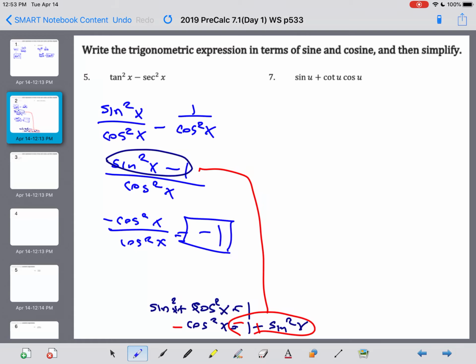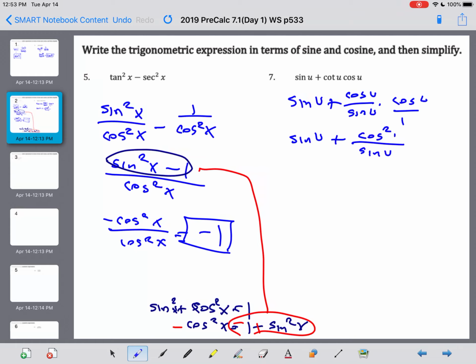Okay. This next one here, not much we can do here with sine of u. Cotangent is cosine u over sine u. And then I have multiplied by cosine u. Again, I'm going to get sine of u plus sine of u on the bottom and cosine squared u on the top.